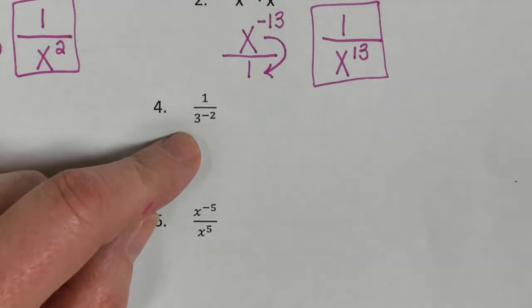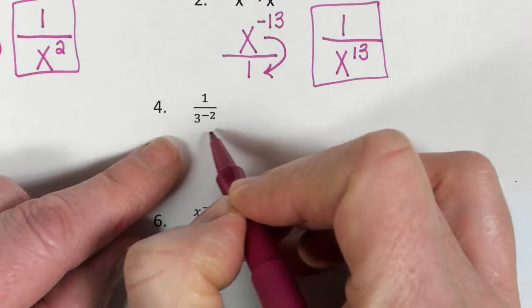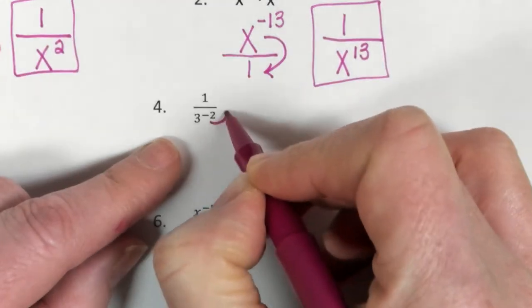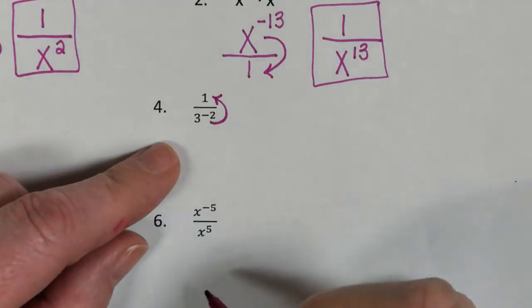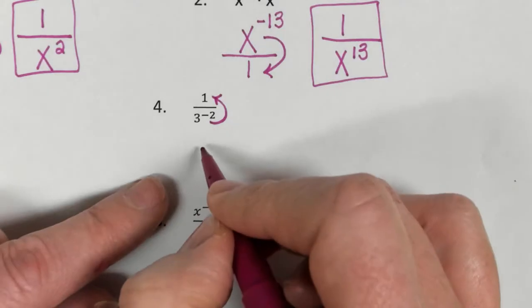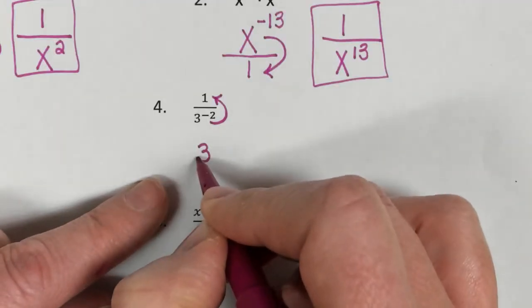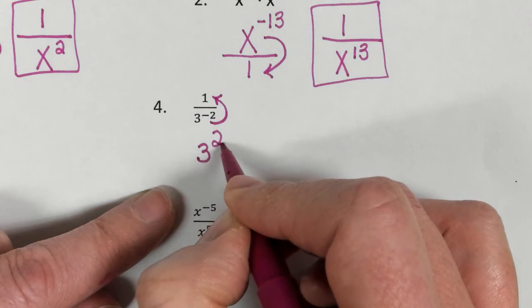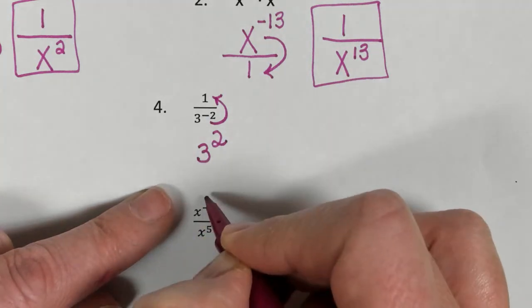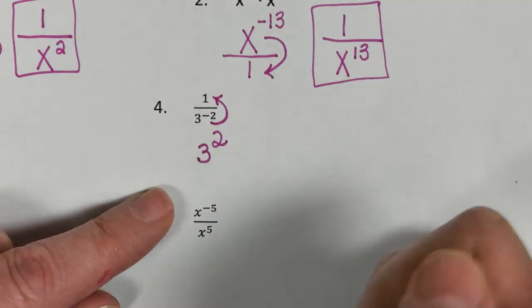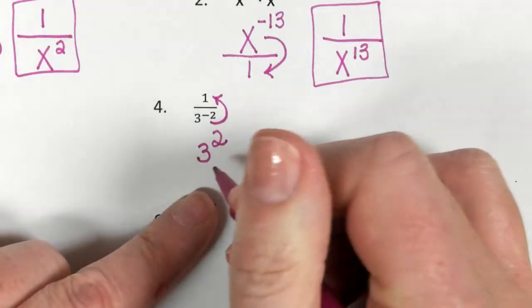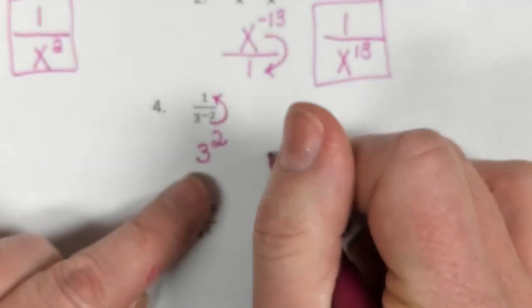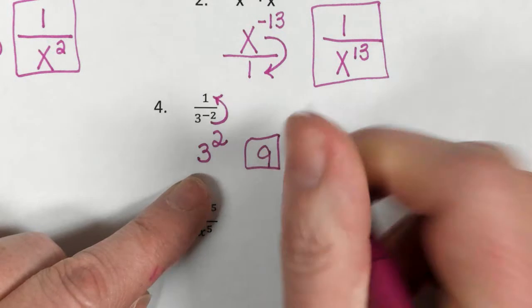So we need to take our base 3 and move it to the numerator. When I move it to the numerator, it becomes 3 to the positive 2. Now, I don't need a fraction because there's nothing left in the denominator. And what is 3 to the second power? 3 to the second power is 9.